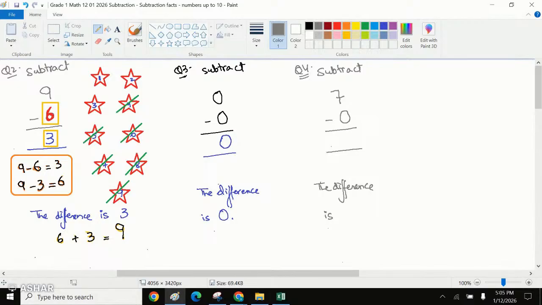When you have 7 and you gave away a 0, that means you're not giving away anything, right? Or if you had $7 and you did not spend anything out of it, you spend $0. Yes, thank you, Adiboy. So if you did not spend anything, you did not give away anything, that means you would be left with the opening amount. That is the larger number. So the difference of these two numbers is 7, right?